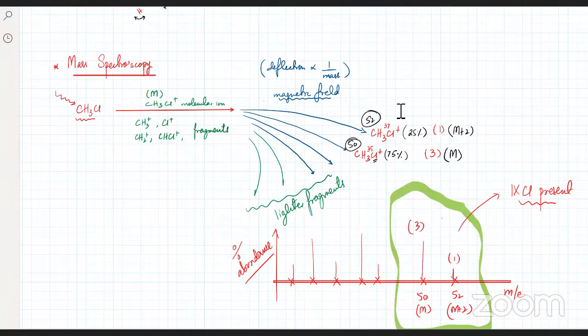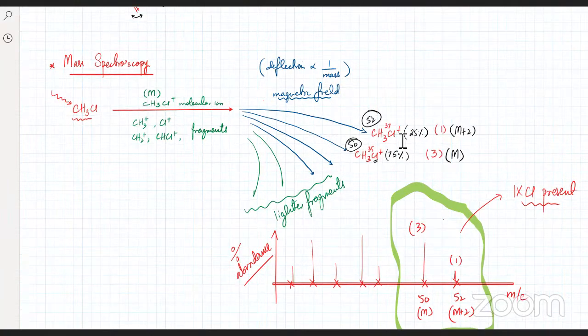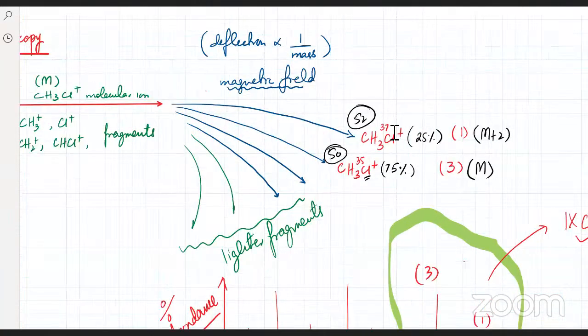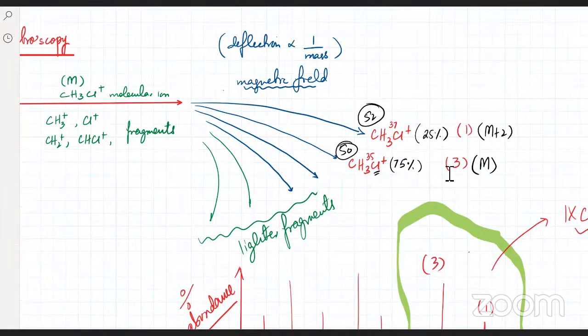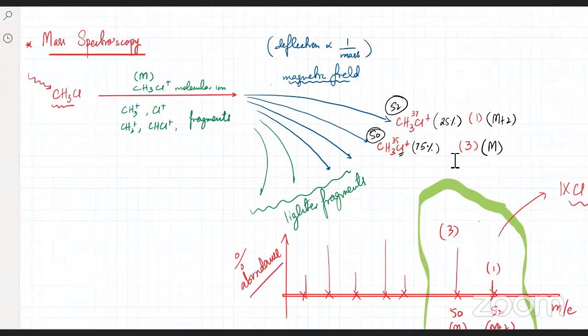There's going to be a heavy molecule and a slightly lighter molecule. Heavy क्यों होगा? क्योंकि Cl can have a mass of 37. Light molecule होगा Cl can have a mass of 35. It's got isotopes. So you're going to detect something that has a mass of 52. You'll also have a detection at 50 as well. तो दो different types के आपको molecules मिलेंगे with different masses, and the relative abundance will be 3:1.